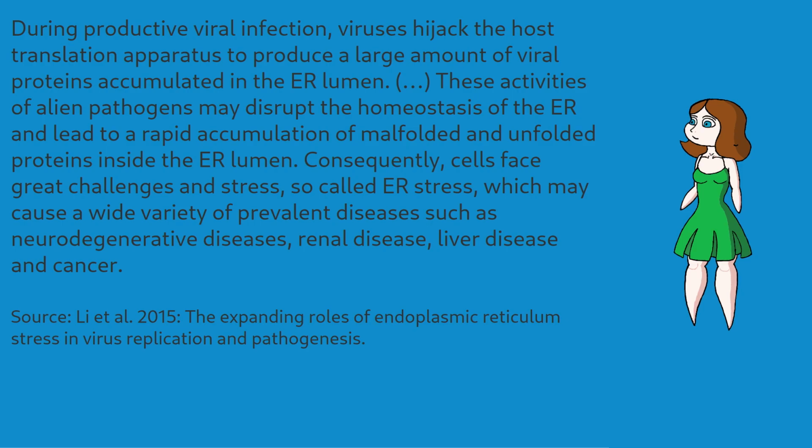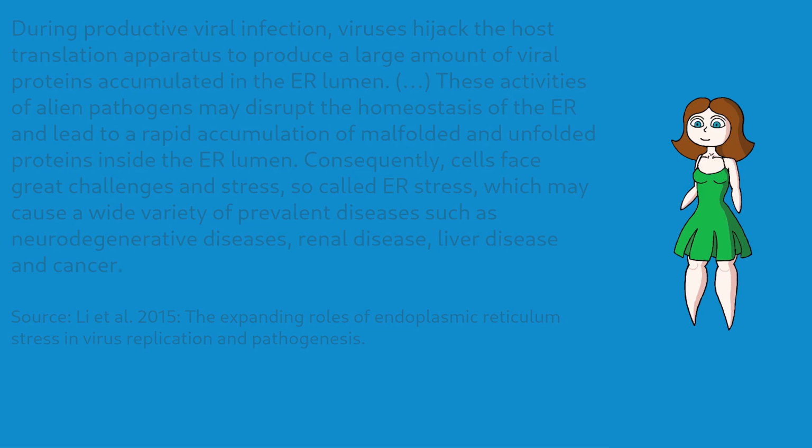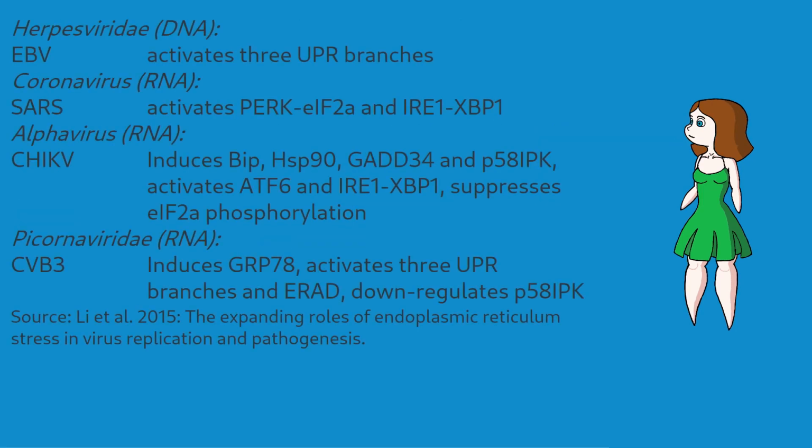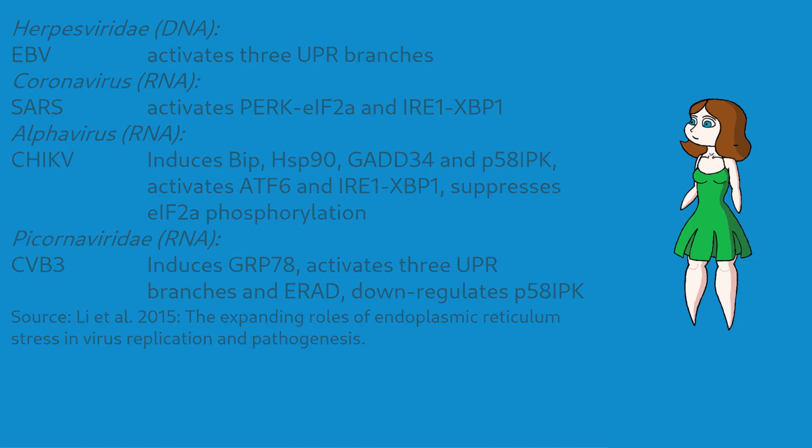As such, viruses are known to cause ER stress, and in consequence, viruses have developed different ways of interacting with ER stress. Many viruses are known to cause ER stress, including Epstein-Barr virus, several different coronaviruses and alpha viruses, to which Ross River virus belongs. It has been demonstrated for a member of the picornavirus family, to which polio belongs.